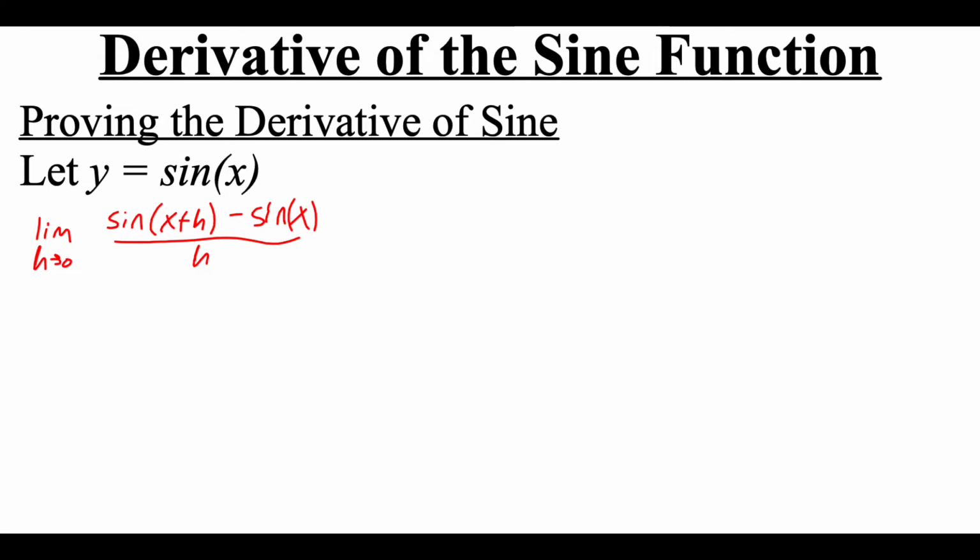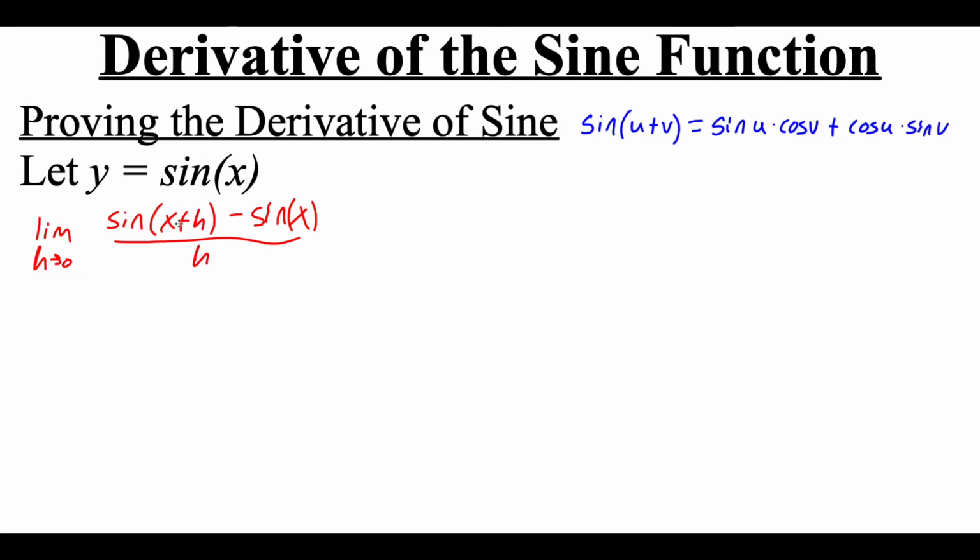One thing we have to remember about trig identities is the sine sum formula, which says that the sine of some u value plus some v value equals the sine of u times the cosine of v, plus the cosine of u times the sine of v.